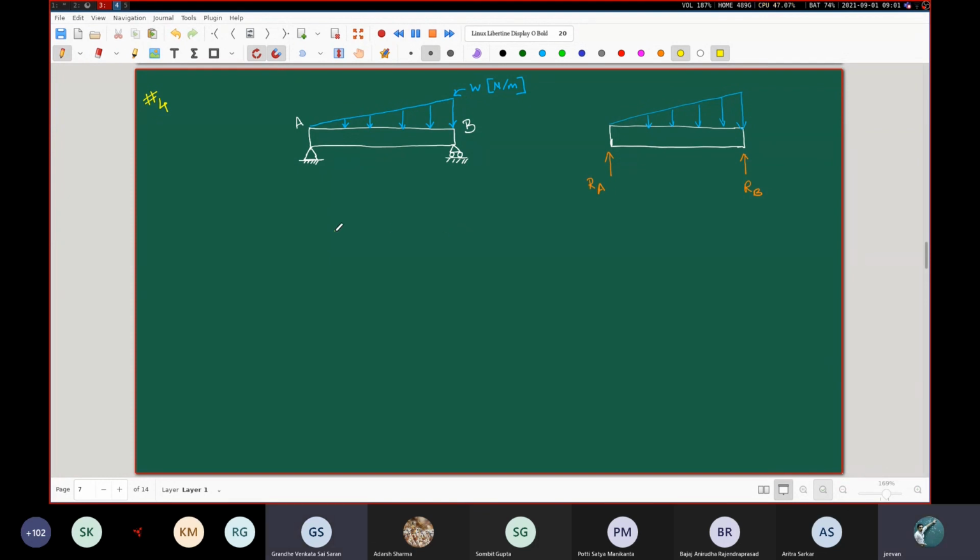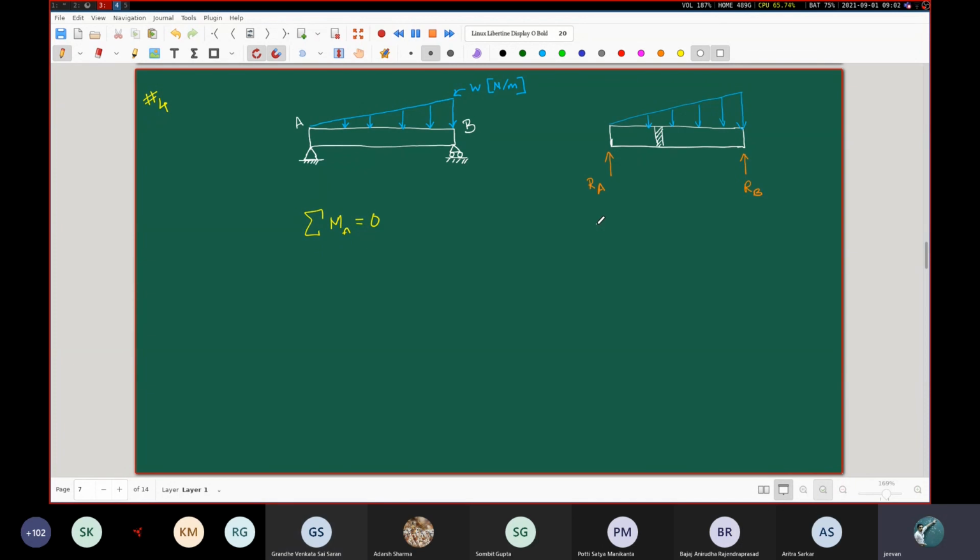So consider a small piece of length dx. The force per unit length for that particular dx will be W by L into x.